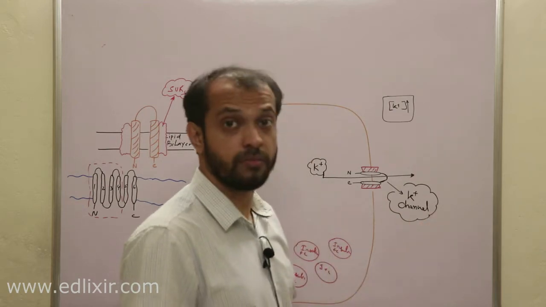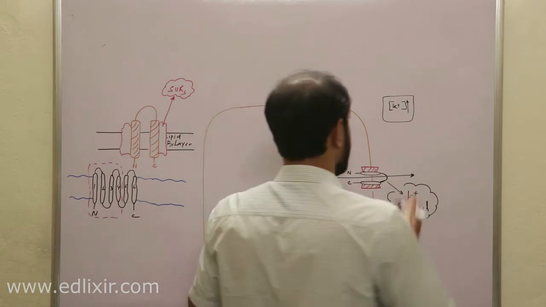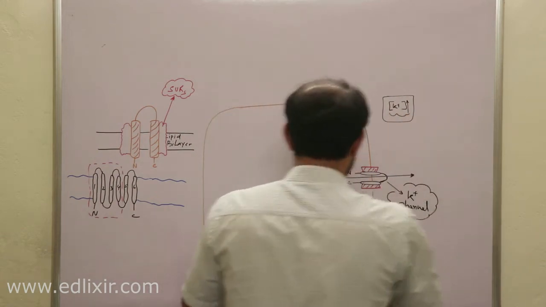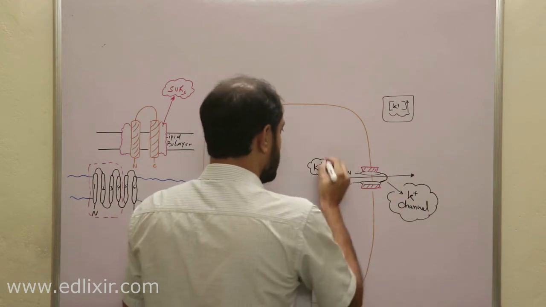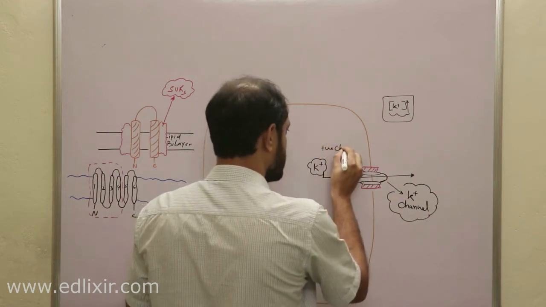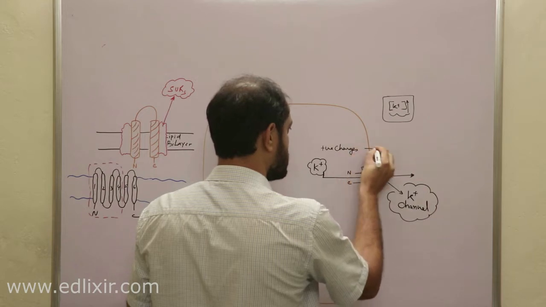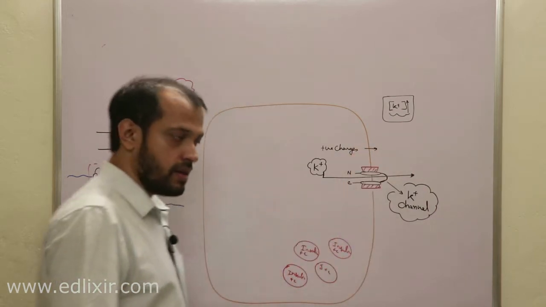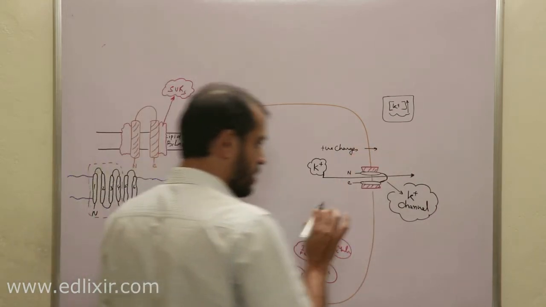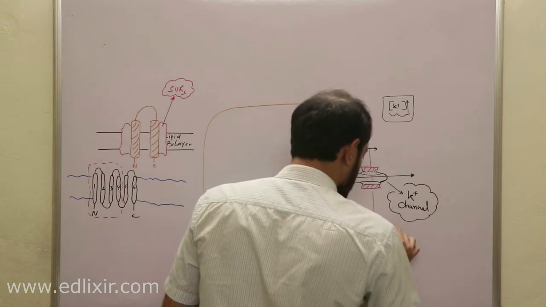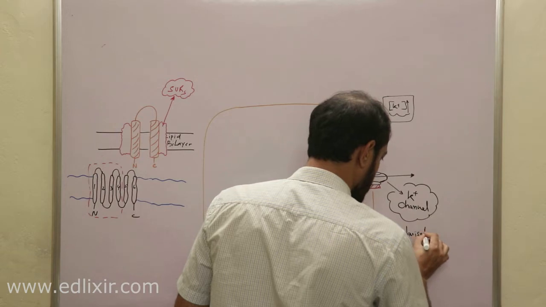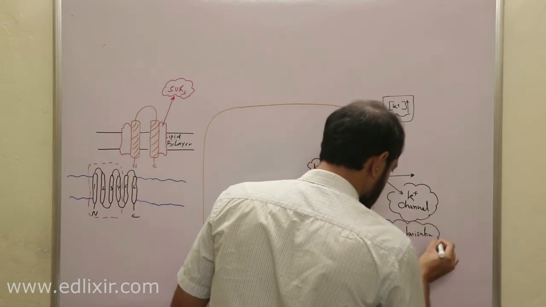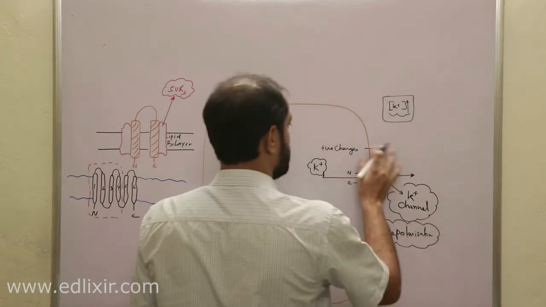The cell can load potassium more. But when these potassium ions are moving out, they are losing positive charges. And when positive charges are moving out, the cell cannot be depolarized. Depolarization is important, but in this scenario, this cell cannot get depolarized.